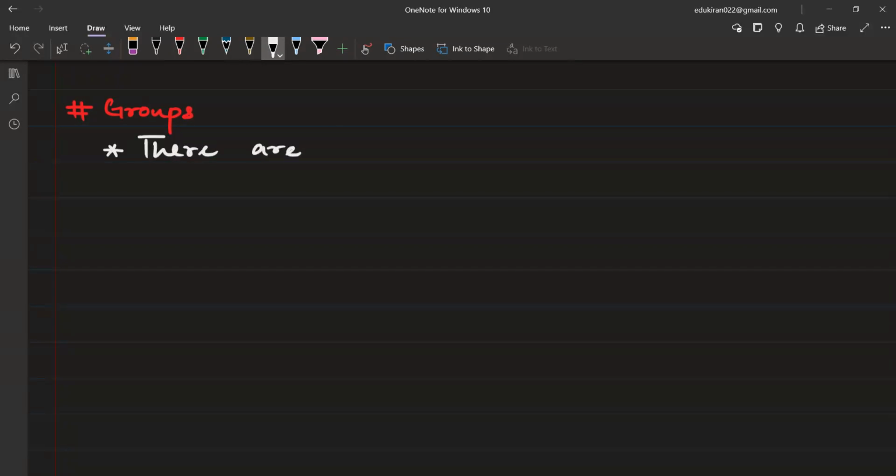There are 18 groups in the modern periodic table.